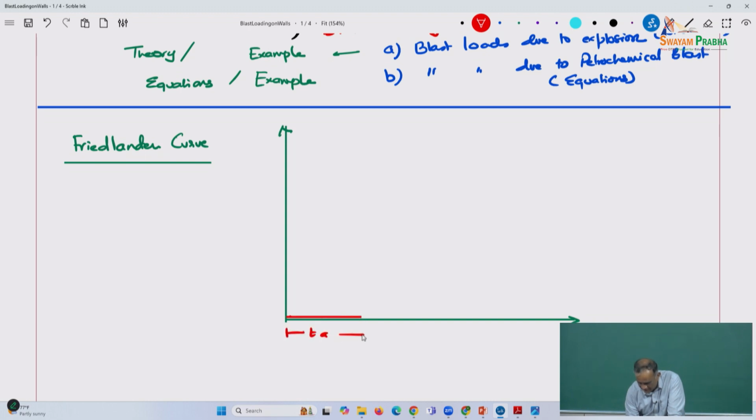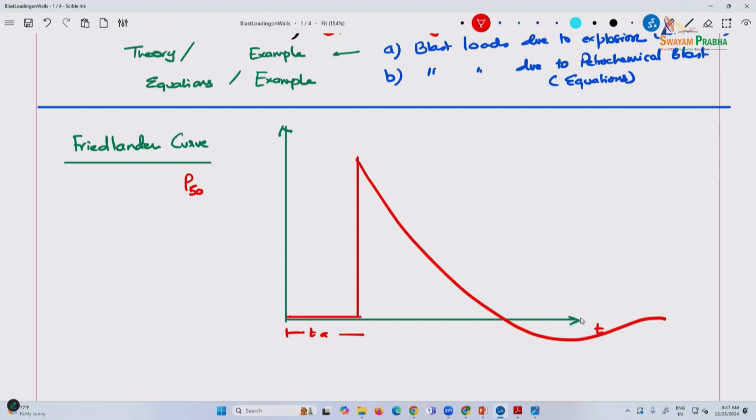So this is TA, and whether it is PR, and this is the time, or PSO, whichever you consider. So if this is TA, and then there is a rise, and let's assume the rise time is often quite minimal. So the line almost is straight, order of 1/10 or 1/100th of the total duration of the load itself. And then you have an exponential curve that goes something like this.